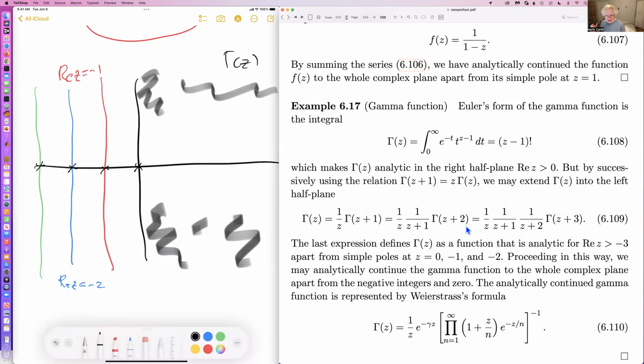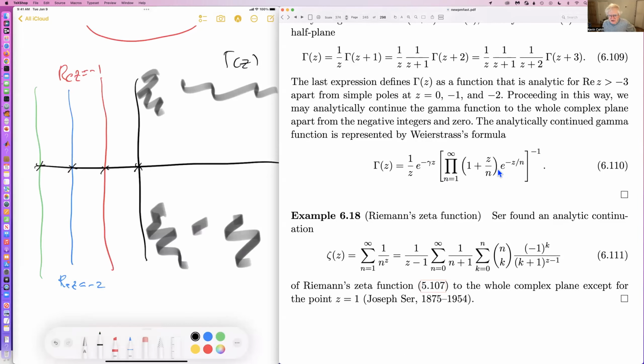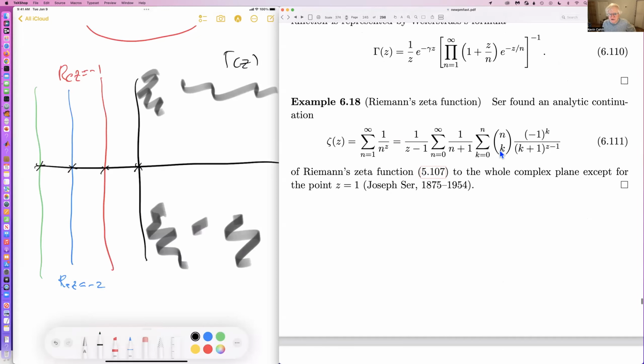But apart from 0 and the negative integers, the function gamma of z is analytic, and we can think of this as a very simple way of analytically continuing from the right half plane back to the whole complex plane except for the non-positive integers. And as I said, Weierstrass's formula is one way of expressing that.